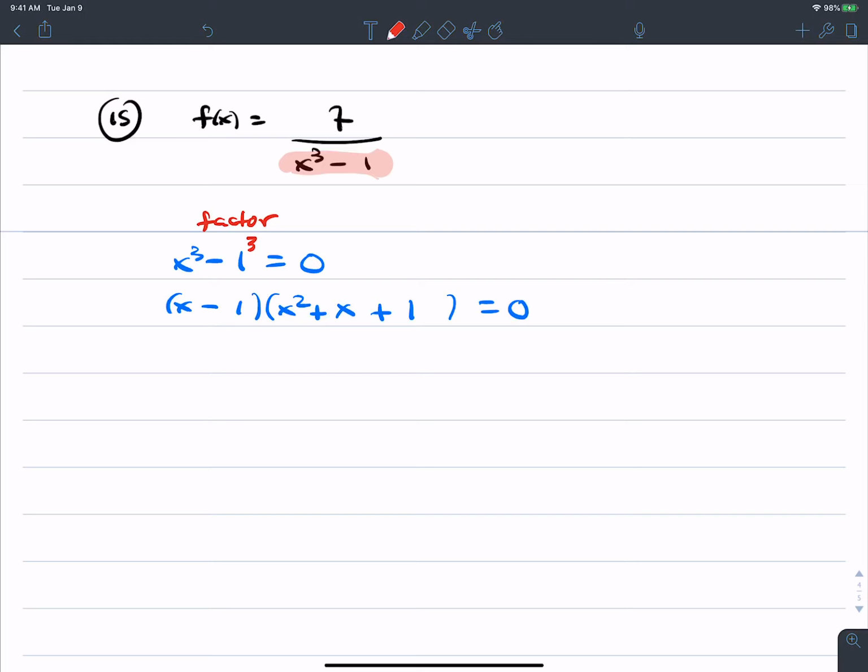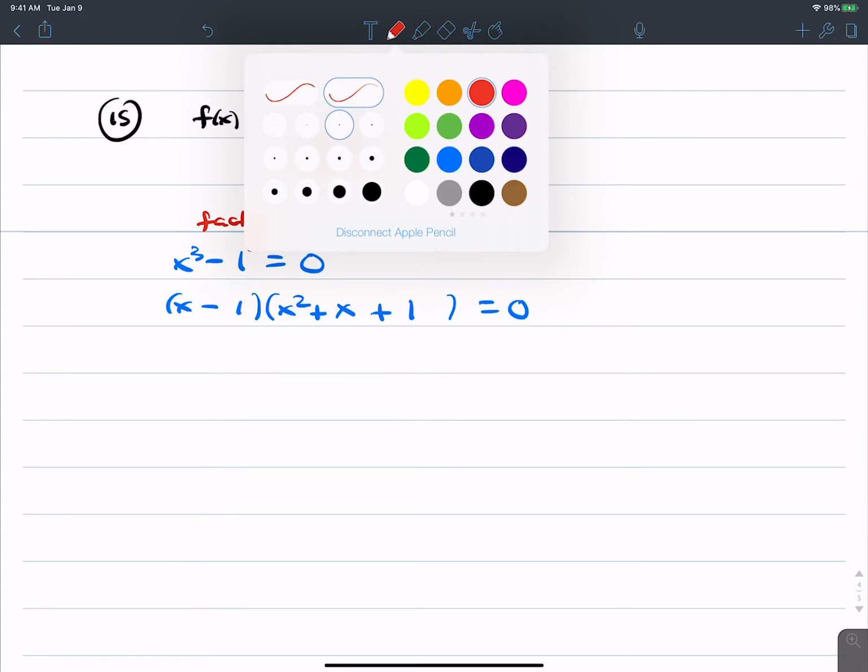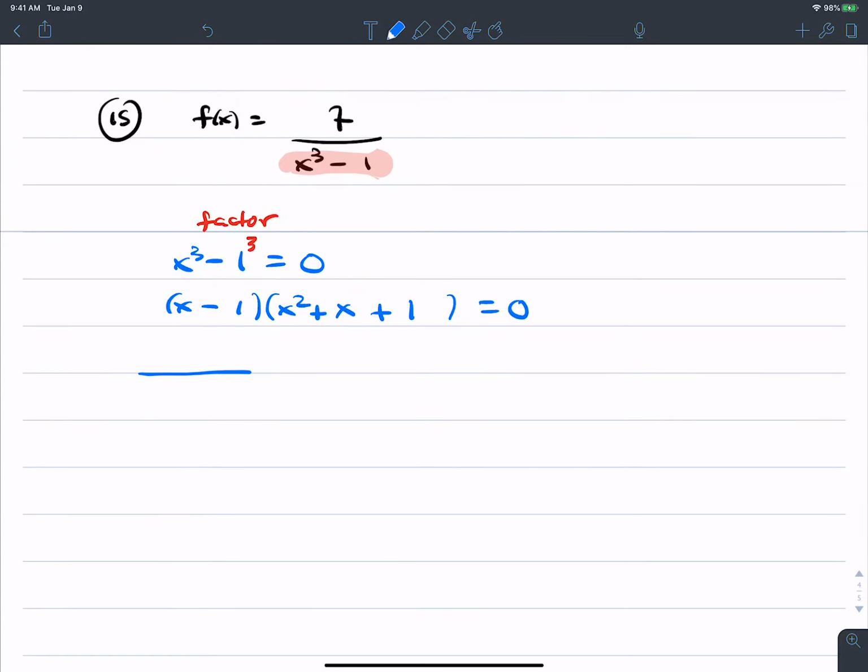And I want to remind people that when you factor a difference of perfect cubes and you're trying to solve an equation that's equal to 0, by the zero product rule, we can put both terms equal to 0. x minus 1 is 0. x squared plus x plus 1 is 0.